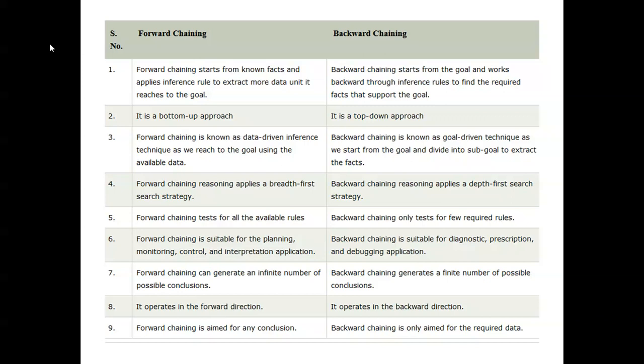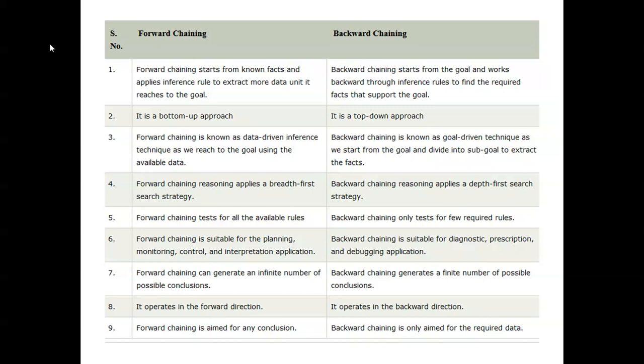Forward chaining tests all the available rules, and backward chaining only tests a few required rules. Forward chaining is suitable for planning, monitoring, control, and interpretation applications. Backward chaining is suitable for diagnostic, perception, and debugging applications.